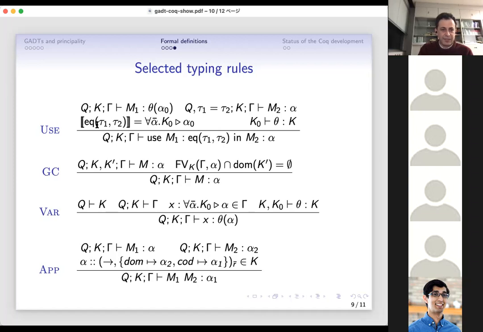For this, we translate first this type into a graph type. And we require that there is a substitution mapping from this graph type to the graph we are using in the derivation here, and that M1 in this graph has type theta of alpha 0. If this is true, then we can use the equation in the typing of M2.